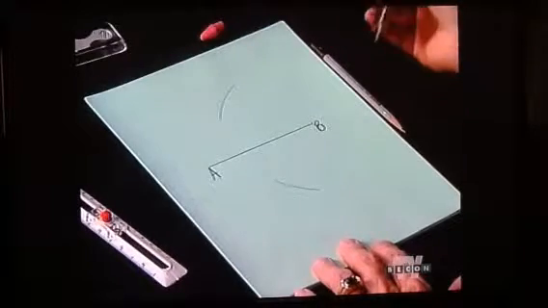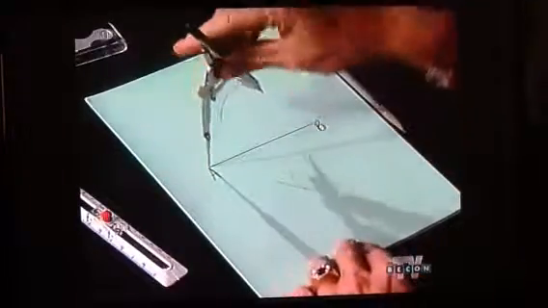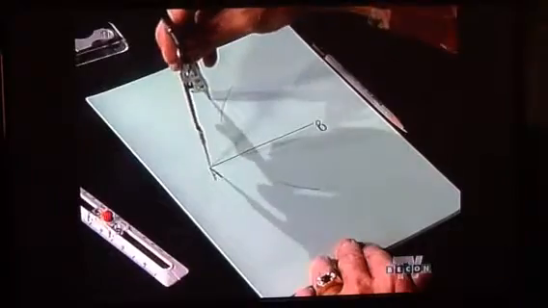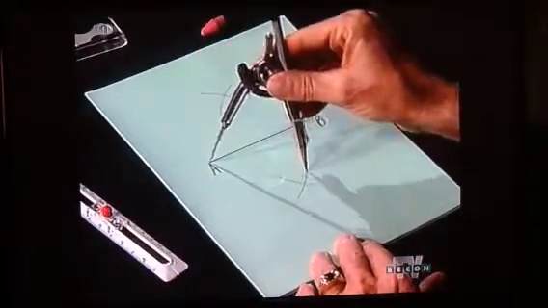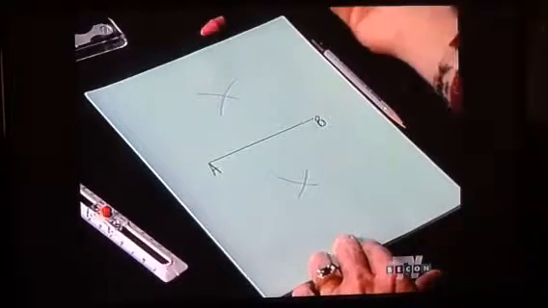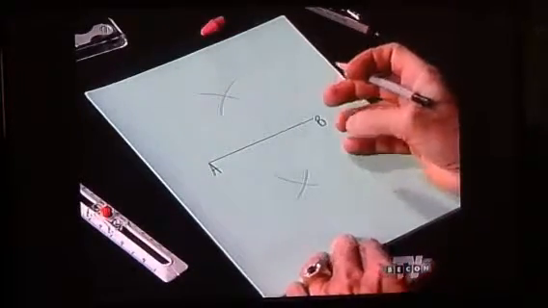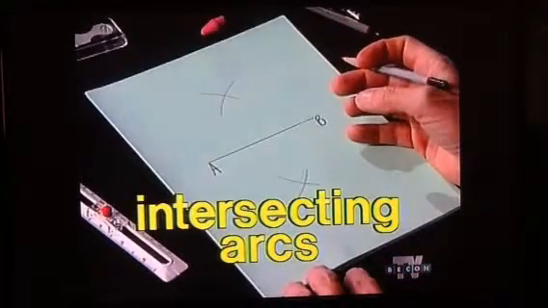Without changing the size of the compass, we then place the sharp point of the compass at the other end point. Now again, draw an arc above and below the line segment. We now have two sets of intersecting arcs.